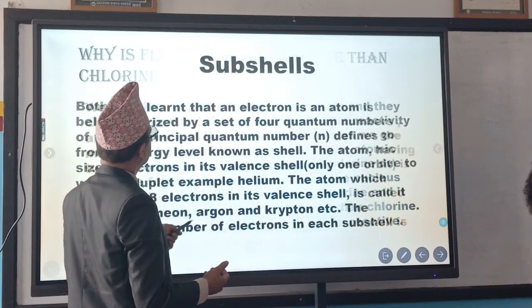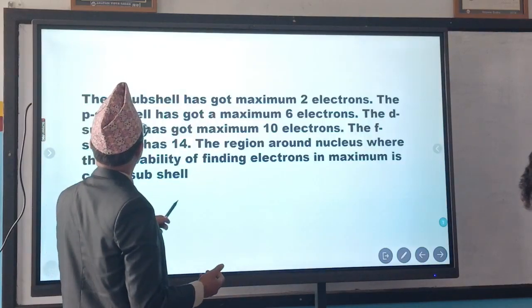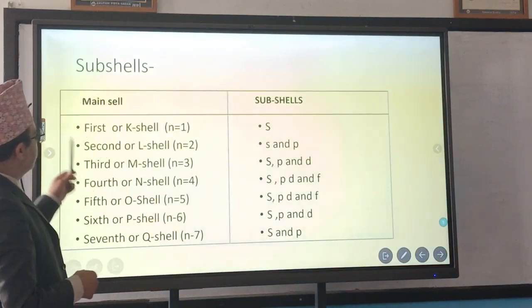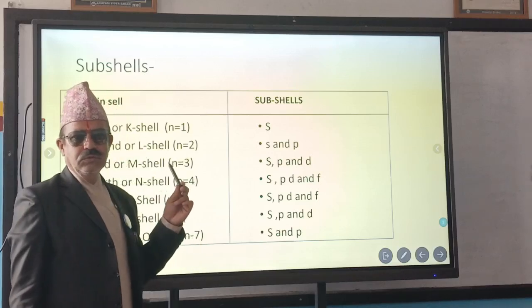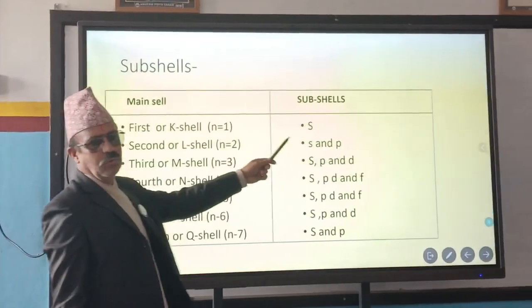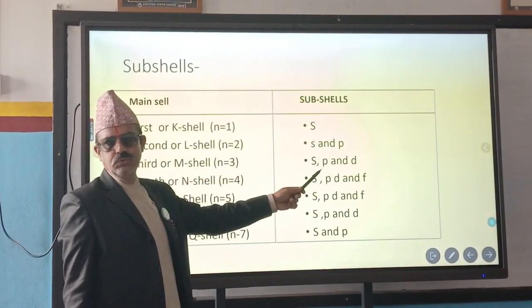So now look here. I think he forgot to show this one. Main shell and subshells. It is here also, right? He showed but didn't explain. K shell contains 1 subshell. L contains 2. What are they?